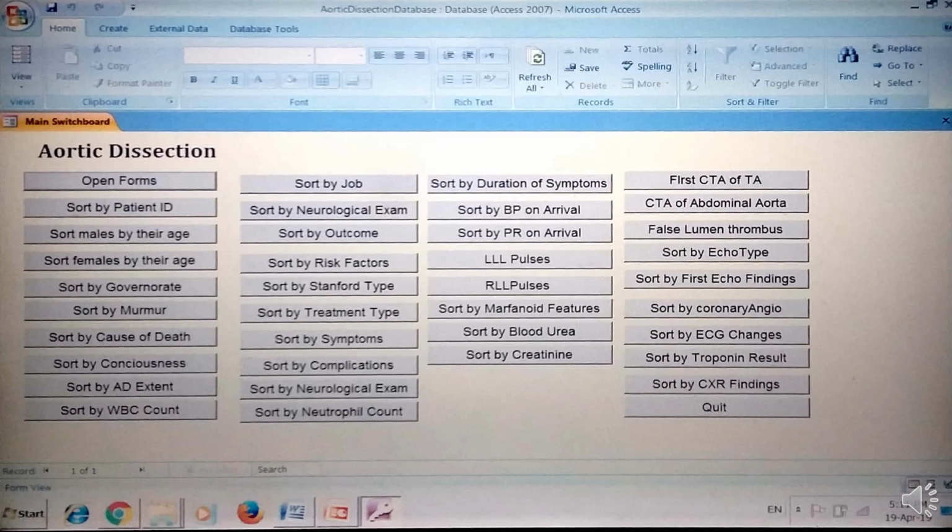That was the appearance of the switchboard of the database used in our study, and many inquiries were designed to retrieve and analyze the results.